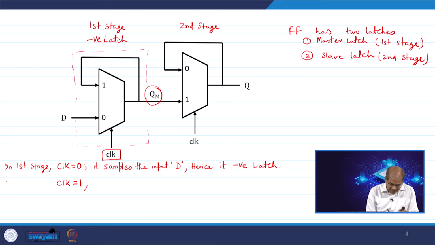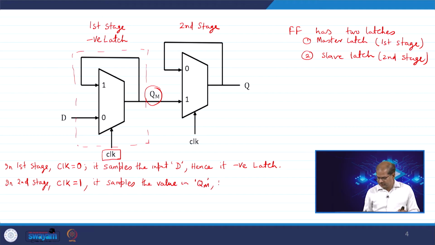In the second stage, clock is 1, it samples the value stored in QM, hence it is a positive latch, correct.